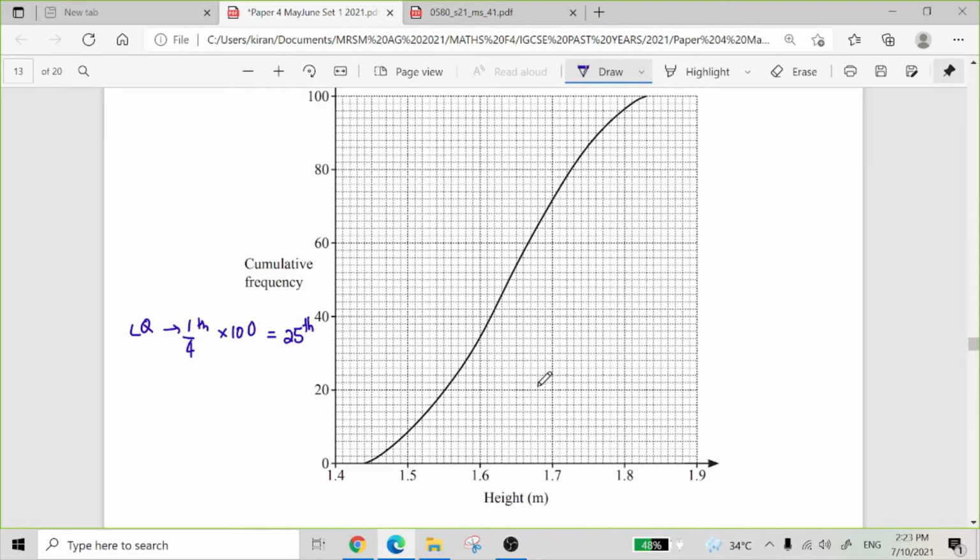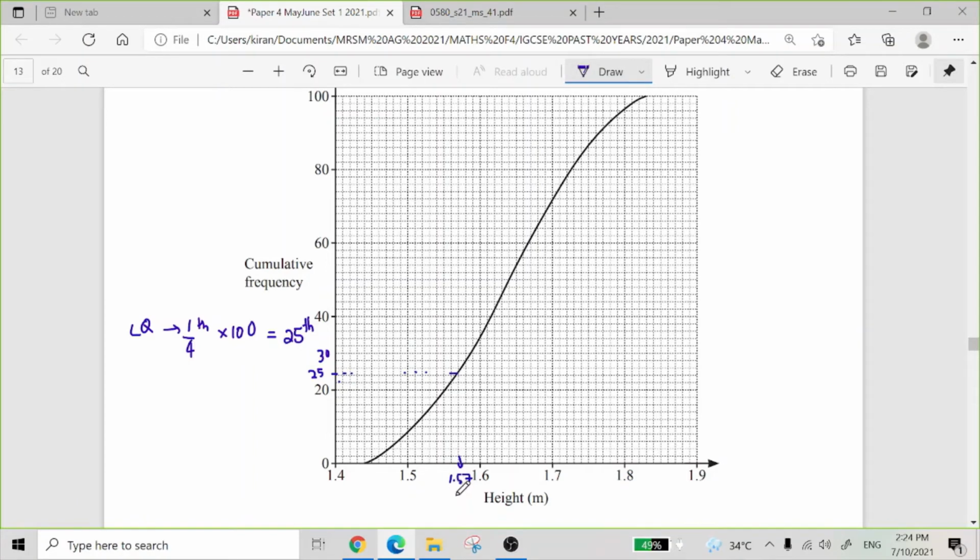We look at 25 here, so we make a dotted line here, and then what we have is 1.51, 1.52, 3, 4, 5, 6, 7, 1.57.